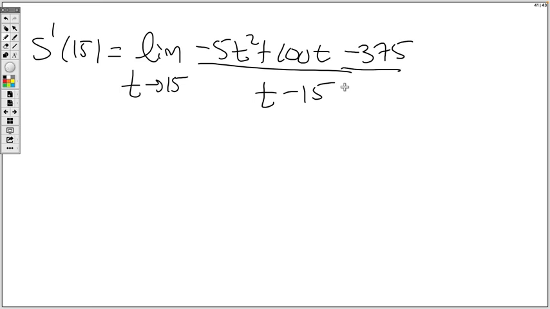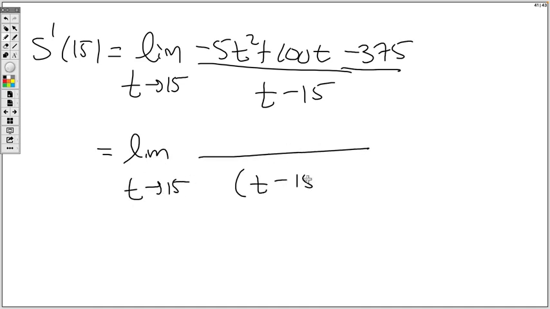So that means we have to try to simplify this. So what strategy can we try here? For once there's no radicals. For once there's no fractions. There's just a quadratic. So we try to do what? Try to factor. Now, since plugging in 15 to the numerator gave me a 0, I should be able to factor out a t minus 15. That's, once again, your factor theorem. Let's see if this works. What would you have to multiply to get to the 5t squared?